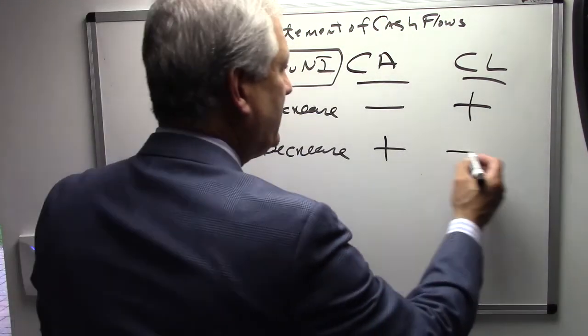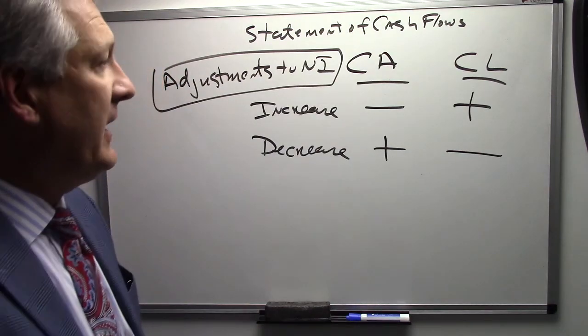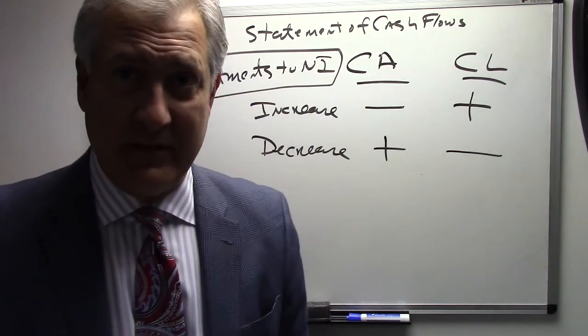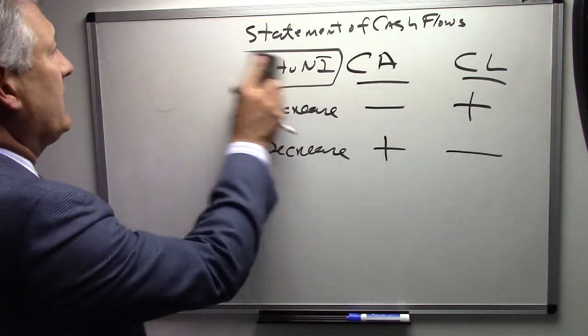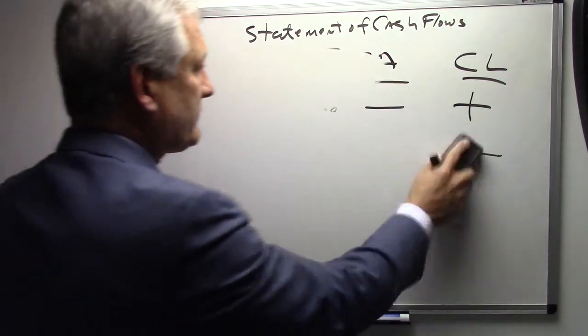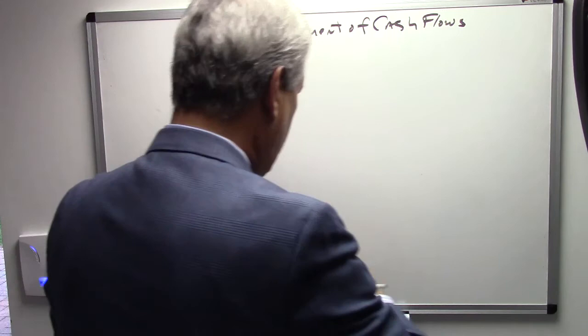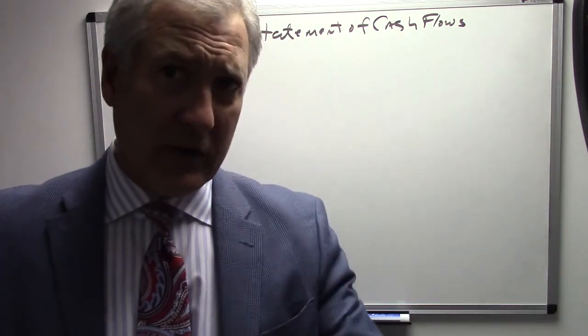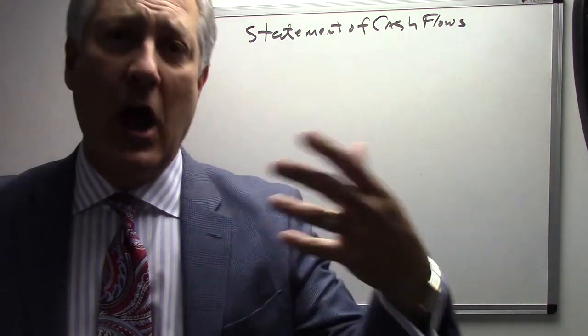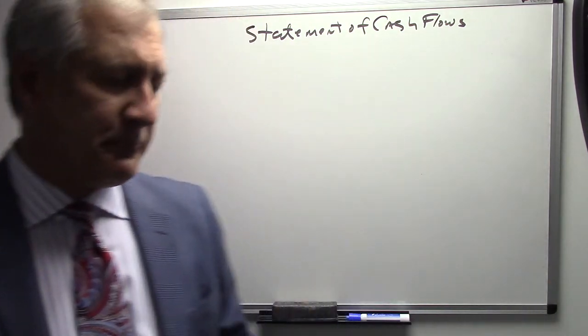And if there's a decrease in a current liability, you want to subtract that difference. That is a very helpful tool when it comes to preparing statement of cash flows. So that third step says changes in current assets and current liabilities are adjustments to net income.